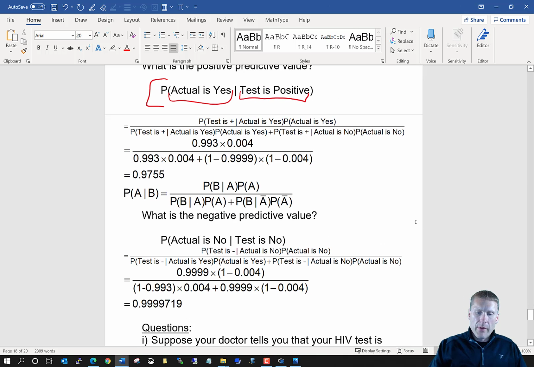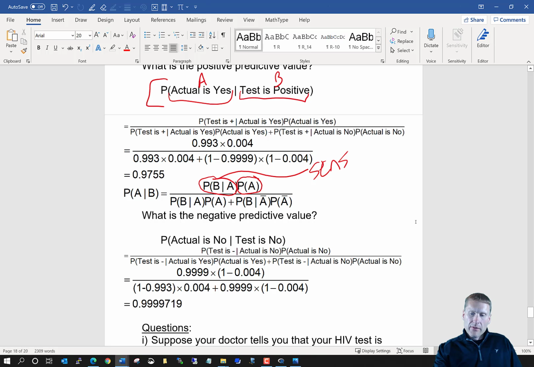So what we could do now is think of actual is yes, test is positive as B. Now we know the probability of A, the probability actual is yes. It's 0.004 based upon this information from the CDC. We also know the probability of B given A, which would be the sensitivity, 0.993.